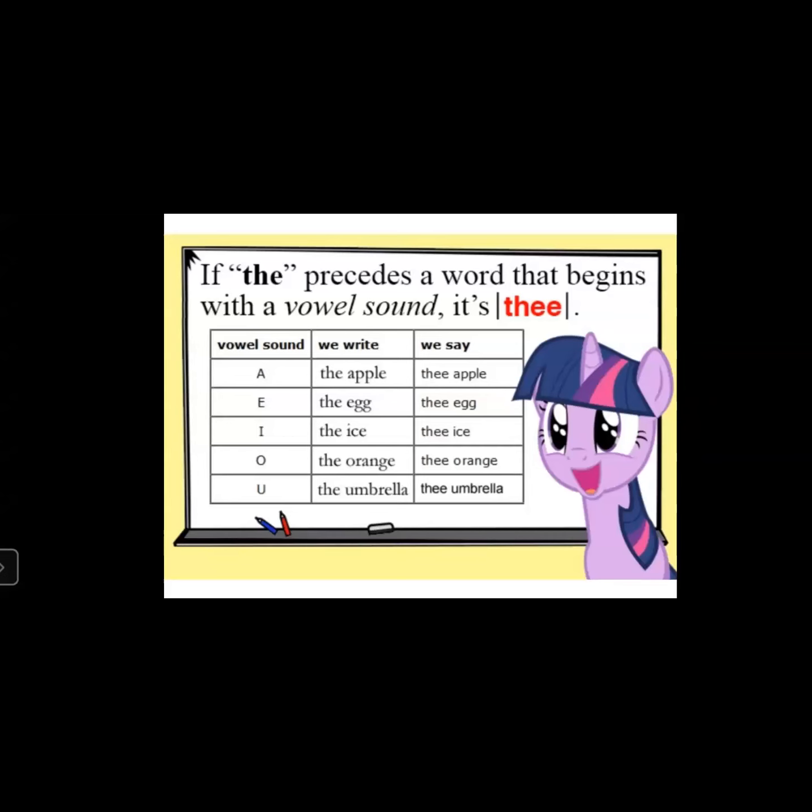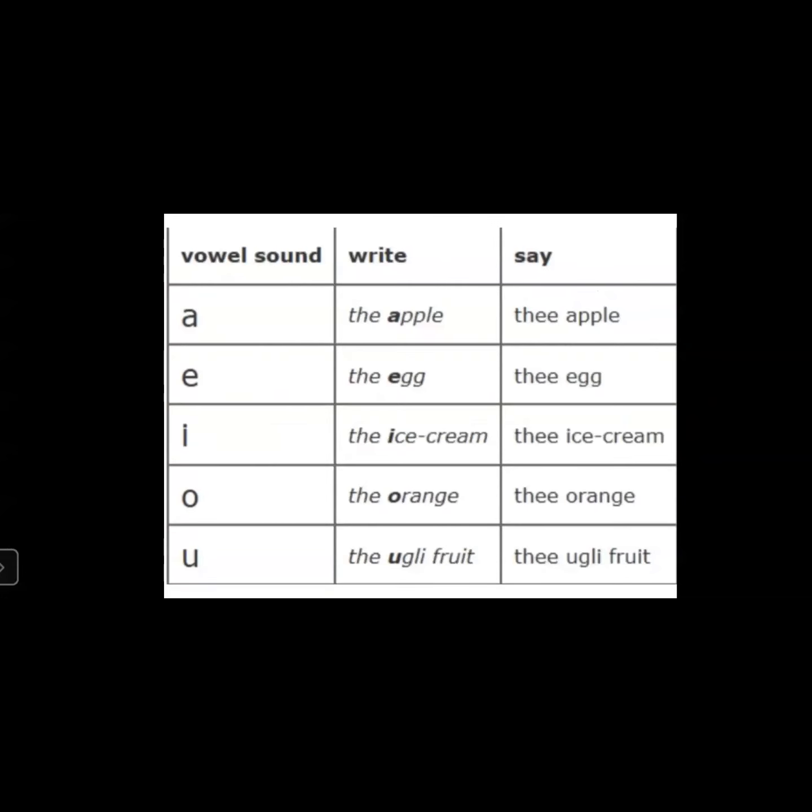While writing, we will write the, and while saying, we'll say 'thee' apple. Then the egg, the ice cream, the orange, the ugly fruit.